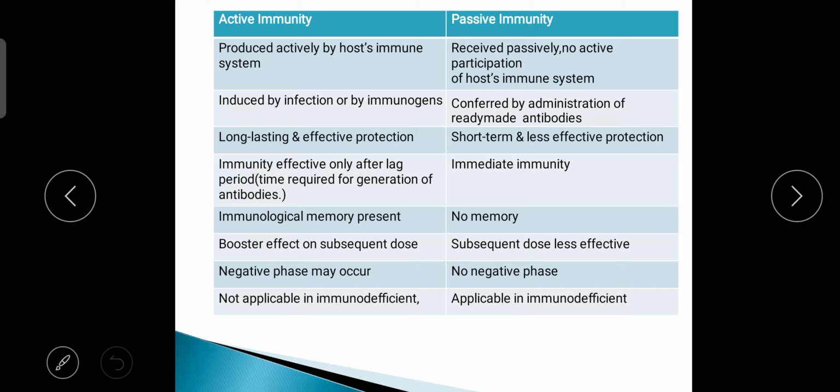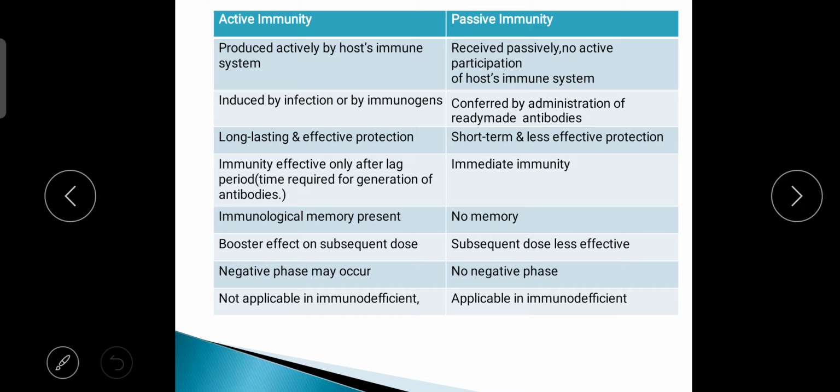Active immunity is long-lasting and effective, whereas passive immunity is short-term and less effective compared to active. Active immunity is effective only after a lag period, but passive can do its function immediately.